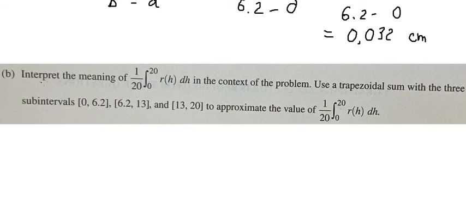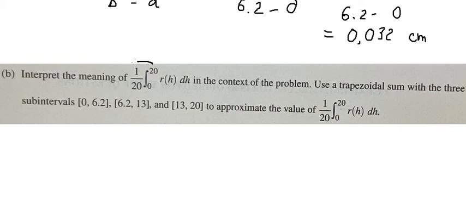Question B. Interpret the meaning of 1 over 20 times the integral over the interval from 0 to 20 of the function in the context of the problem.